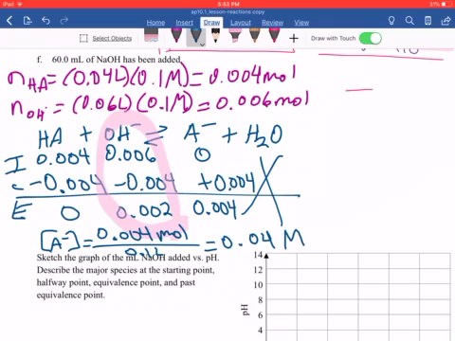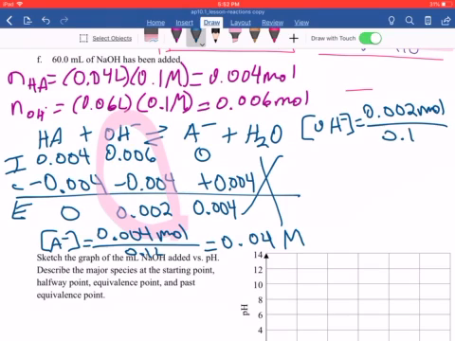And then we know that the concentration of hydroxide is going to be the moles divided by the liters, so we have 0.002 moles divided by the total liters, which is 0.1 liter. That gives us 1 times 10 to the negative 2 molarity.